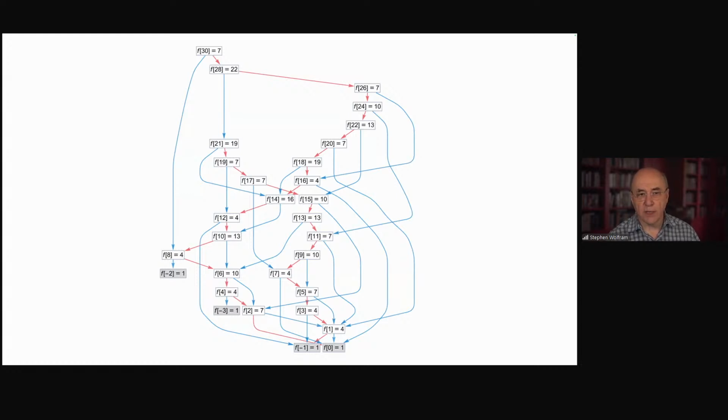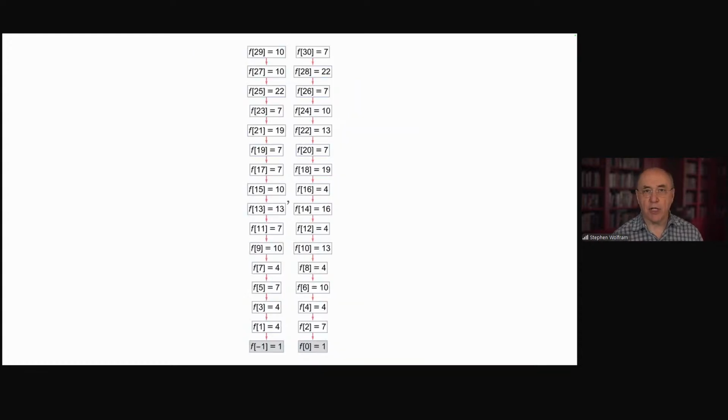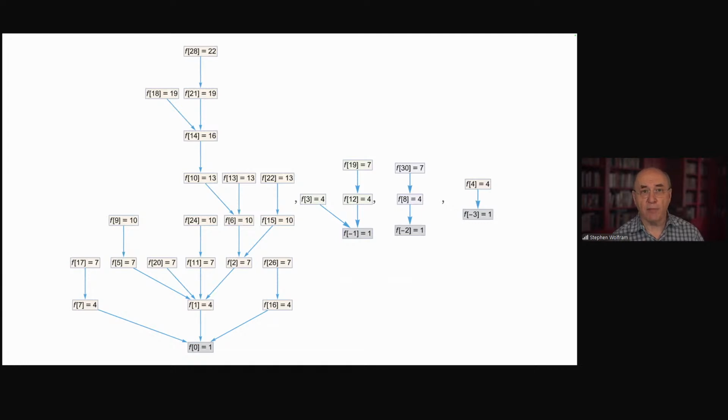But what's the structure of this graph? If we pull out just the red graph on its own, we see it breaks into two path graphs that consist of the sequences of the F of n for odd and even n respectively. The blue graph, on the other hand, breaks into four components, each always a tree, leading respectively to the four different initial conditions.